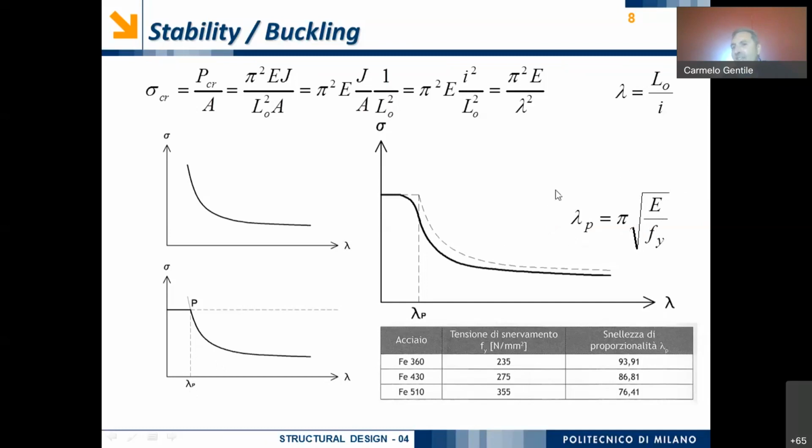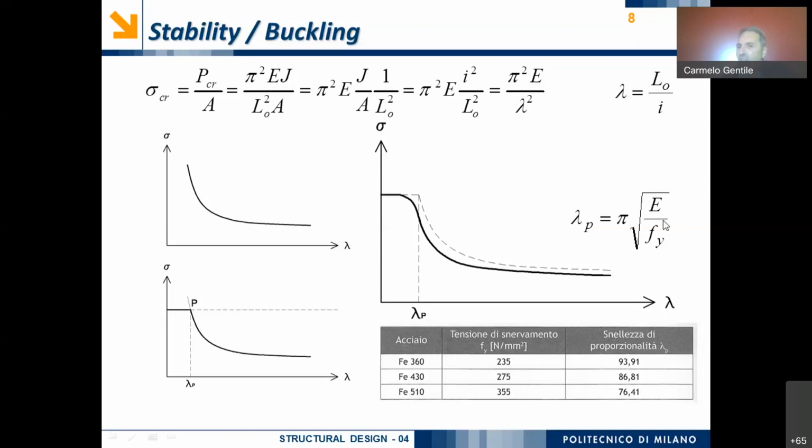Please do not ask how it is possible to evaluate this, because of course this can be evaluated by putting the critical sigma equal to Fy and then obtaining the value of lambda from Fy equal to pi squared times E over lambda squared.